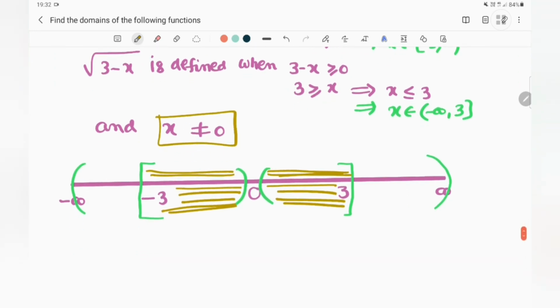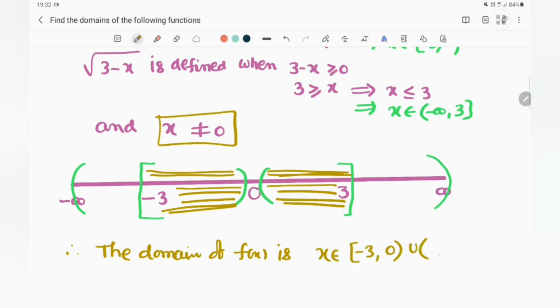So the domain we will define as, therefore the domain of f of x is x belongs to closed minus 3 open 0 union 0 to closed 3, or we can write like this also.